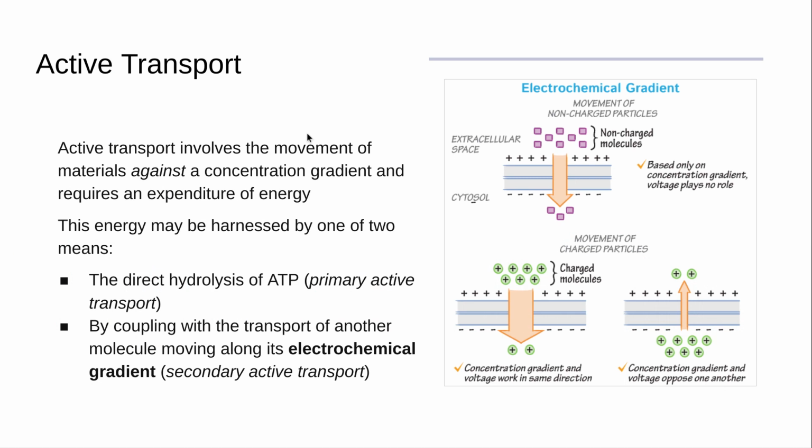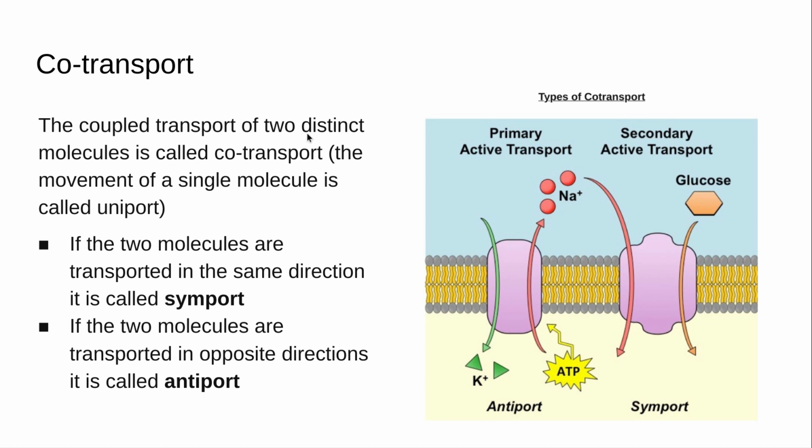When the movement is powered by hydrolysis of ATP directly, that is called primary active transport. But when you are coupling the transport of one molecule with another molecule moving along its electrochemical gradient, that is called secondary active transport. I'll show you in a second what that means.